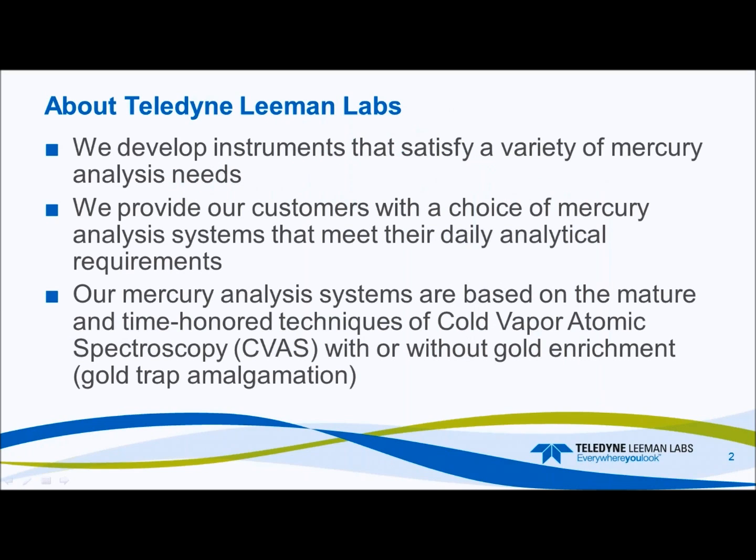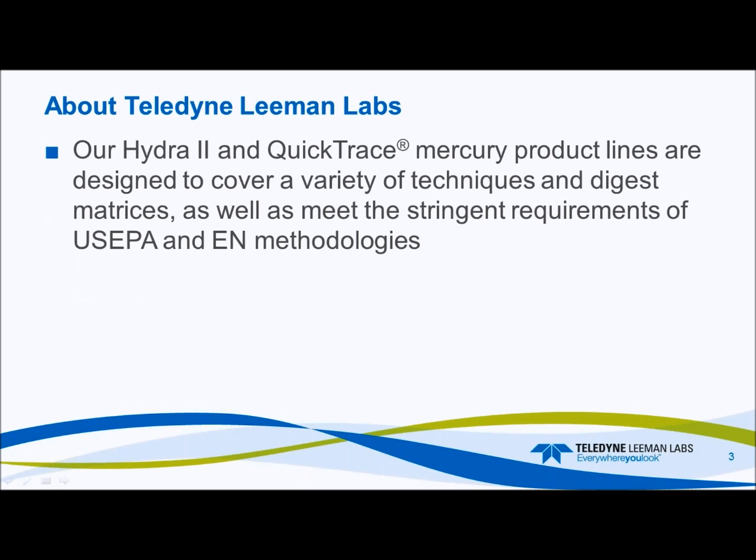So with that, if any of you are new to the webinar series, I'm going to rehash some old stuff here real quick. Again, about Leeman Labs, we build mercury analyzers. As you all know, we provide choice of systems that meet your daily needs, and our systems are based on cold vapor atomic spectroscopy, with or without gold.